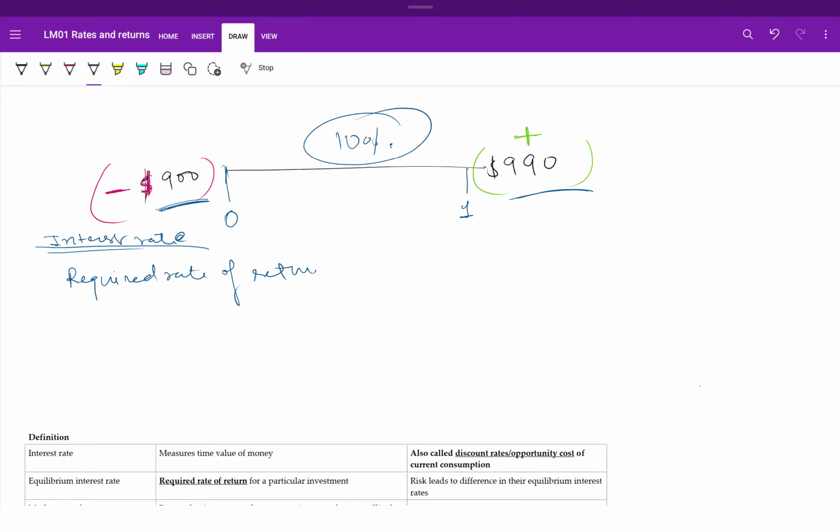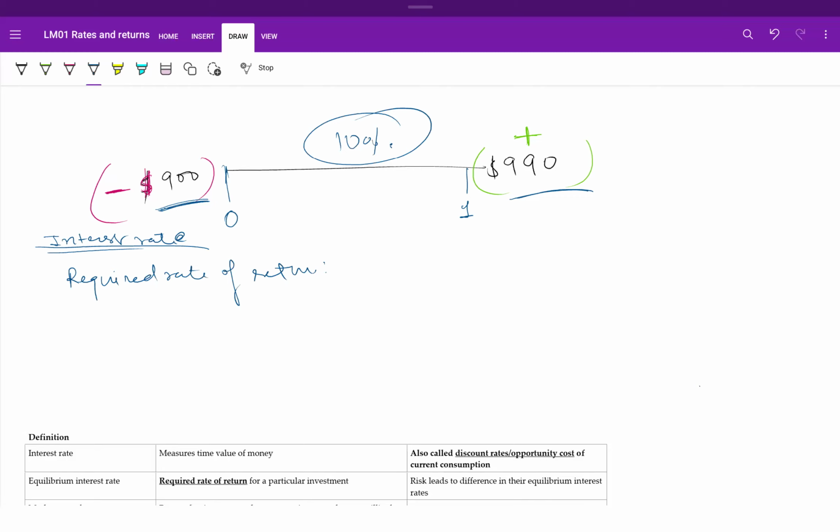You are willing to give me 900 today on the condition that you will get 990 after 1 year. This means that to engage in this transaction, you require a return of 10%. A simple calculation will show you that the interest rate in this transaction is 10%.